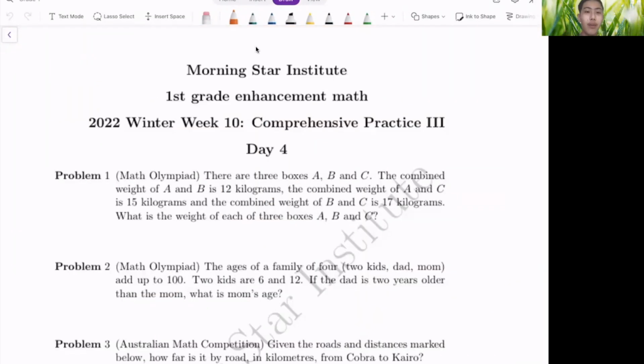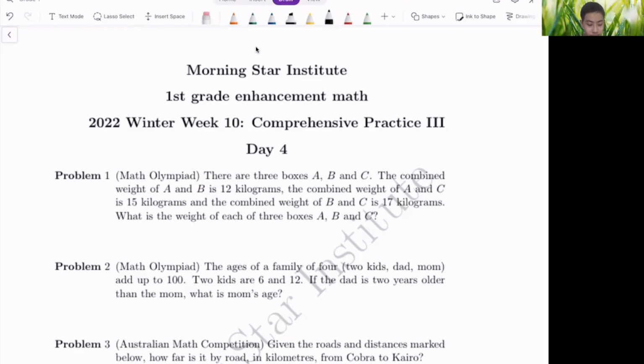Day 4, problem 1. There are 3 boxes, A, B, and C. The combined weight of A and B is 12 kilograms. The combined weight of A and C is 15 kilograms, and the combined weight of B and C is 17 kilograms. What is the weight of each of the 3 boxes, A, B, and C?